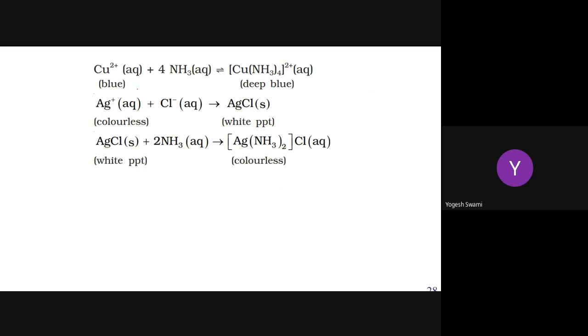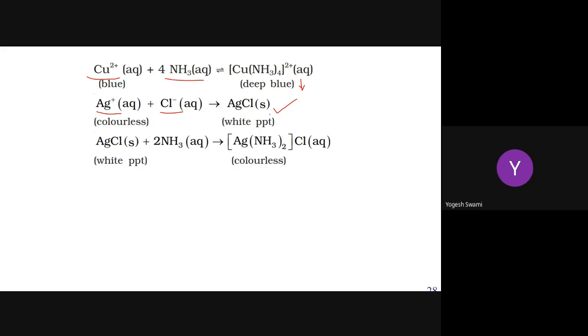Look at this one. Copper metal reacts with ammonia and converts into tetraamine copper(II) ion. How is their nomenclature done? We discuss it in chapter number 9, coordination chemistry. It shows a deep blue color. In the same way, Ag+ ion reacts with Cl- ion and converts into AgCl white PPT.